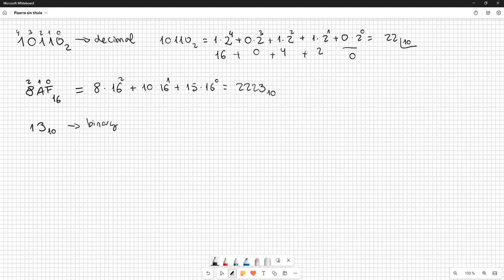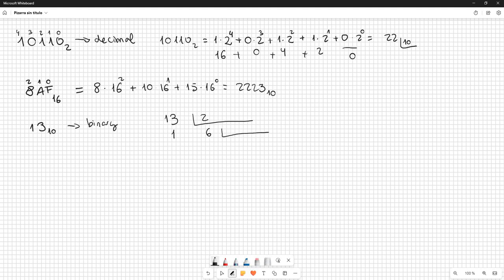So the method of the successive divisions is the following. We are going to divide 13 by the base. The base is 2. So if you remember the division that you made in high school or in primary school, the quotient is 6, because 6 multiplied by 2 is 12, so the remainder is 1.